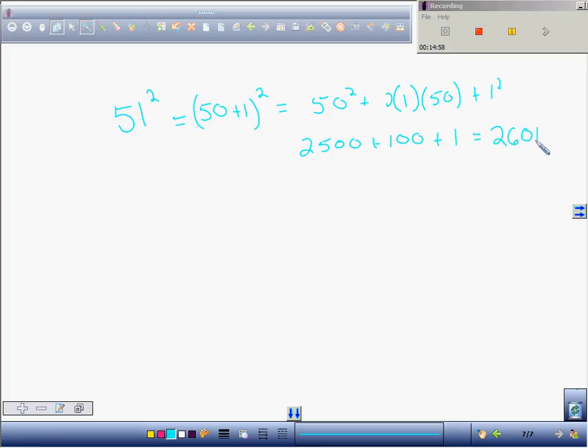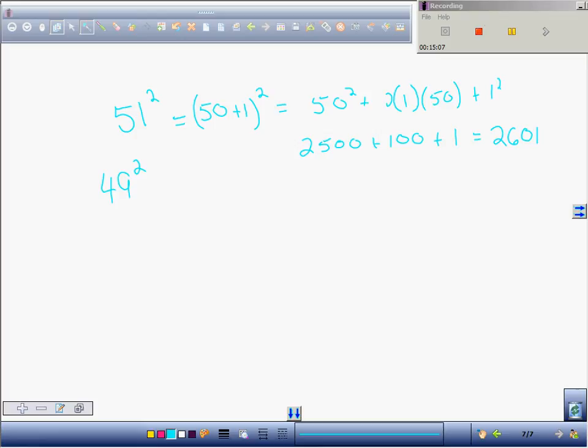So some people could do this in their head. What if I want to do 49 squared? Let me see if I can do that in my head. Let me think. What's 50 times 50? 2,500.